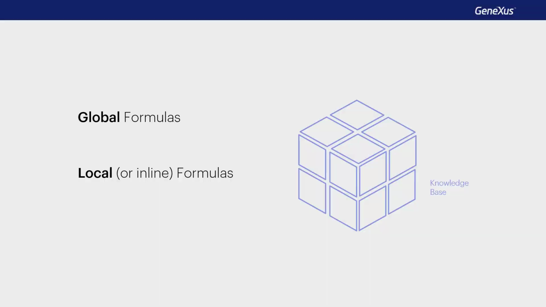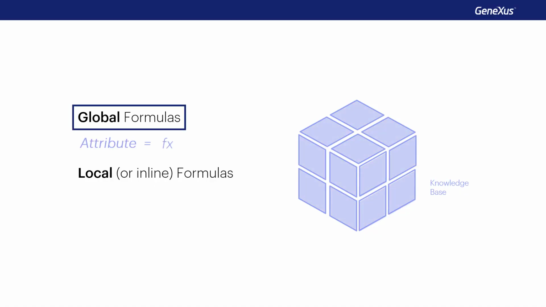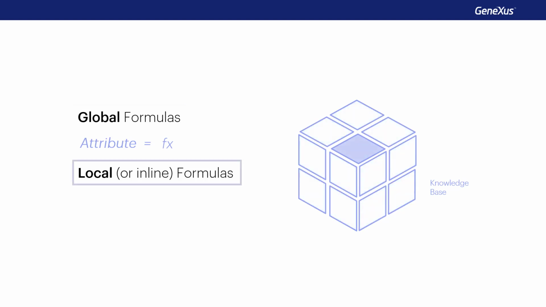The formulas discussed in this video are those specified at the attribute level. They're called formula attributes and are known throughout the knowledge base. Later on, we'll study the others, which are equal but not assigned to an attribute. They're the so-called local or inline formulas. Remember that formula attributes are virtual.